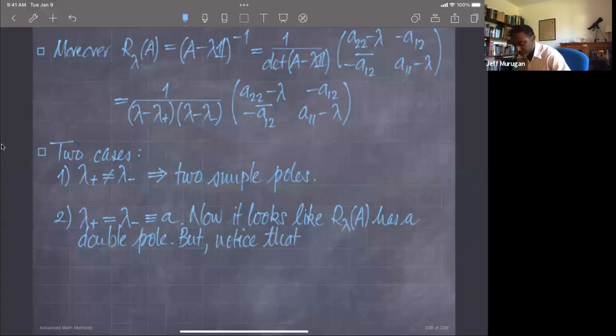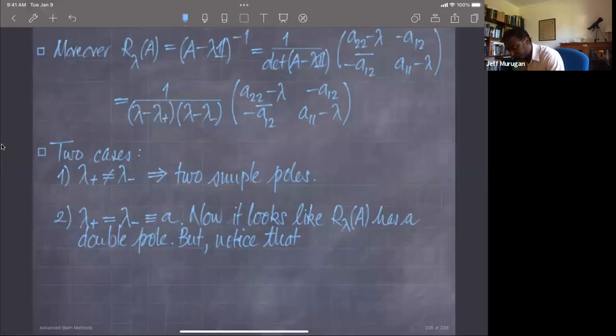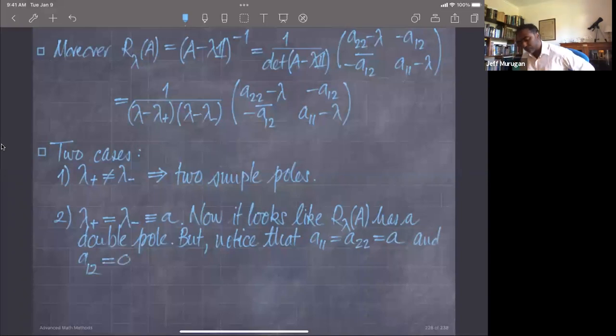When lambda plus and minus are both a, the only way this root equation holds is if the following is true: A11 and A22 are equal and they're both equal to a, and A12 is equal to 0.